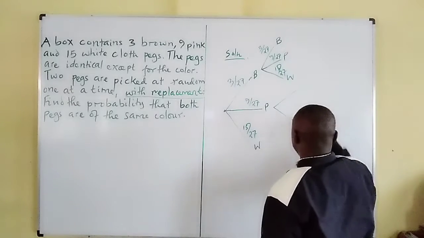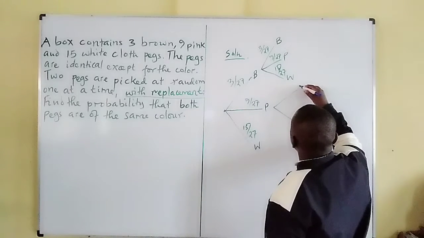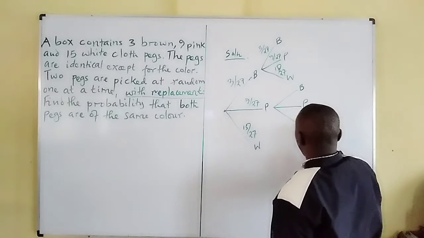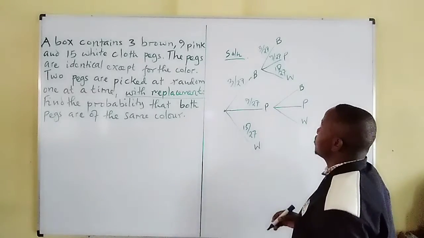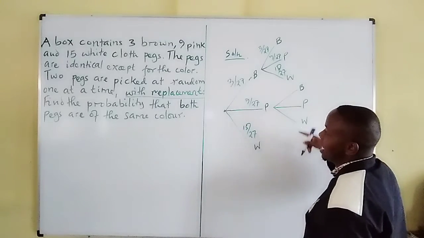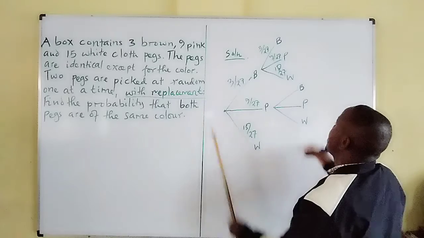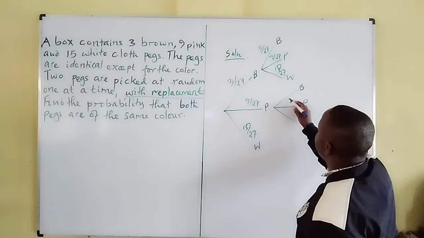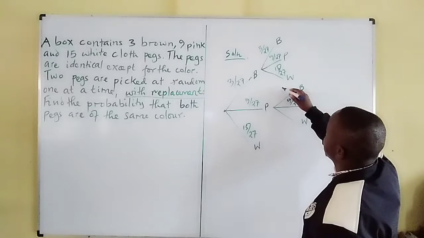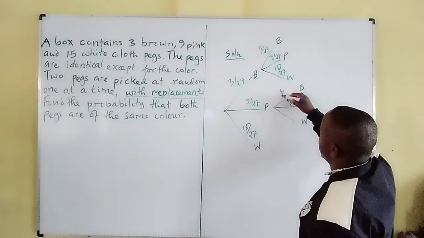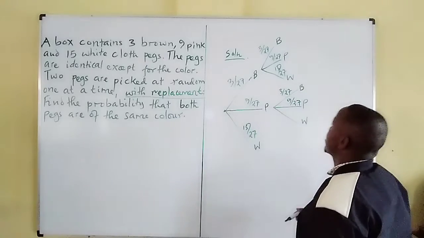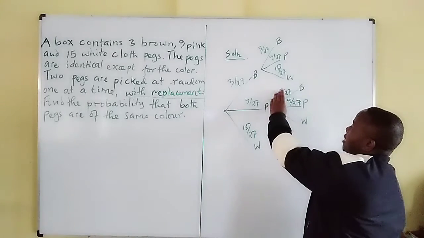In the second case, if we had picked pink, we can pick brown, pink again, or white. So if we pick pink in the first case and pink in the second case, and there is replacement, then picking pink remains the way it was because we have replaced. Not like in the other case whereby the probability and the total are reducing because we were picking without replacement.